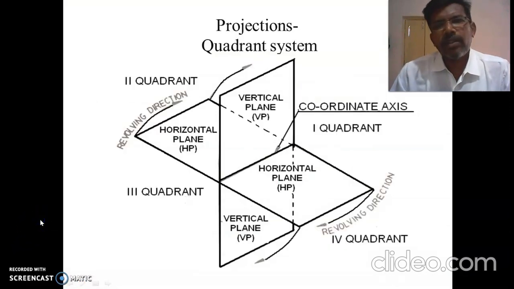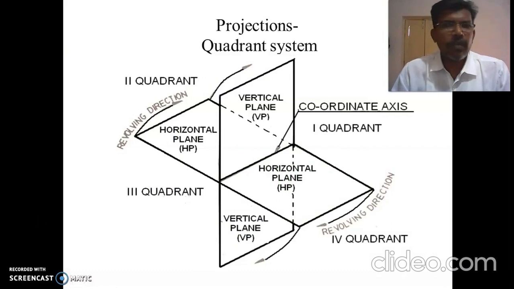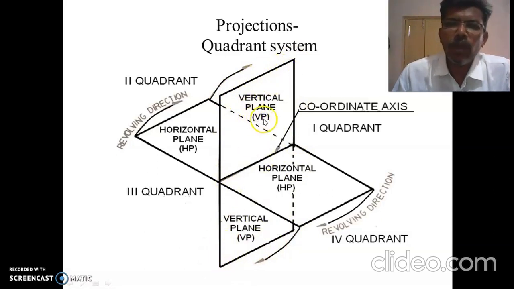You can see here on the screen, projection and quadrant system. Here you can see this mark. This is the vertical plane. You can see a line, it is vertical, so this is called the vertical plane, also called VP.